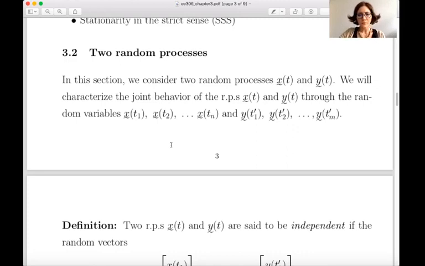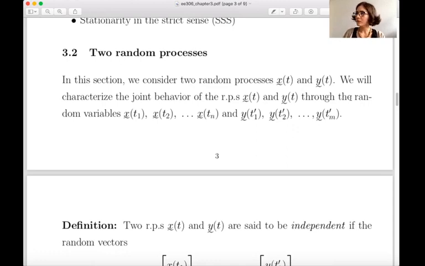What we will do today is generalize these topics to two random processes. We will have a random process x of t and another random process y of t. We will discuss topics like when these random processes are independent, and whether we can define a kind of joint correlation function or covariance function, and so on.